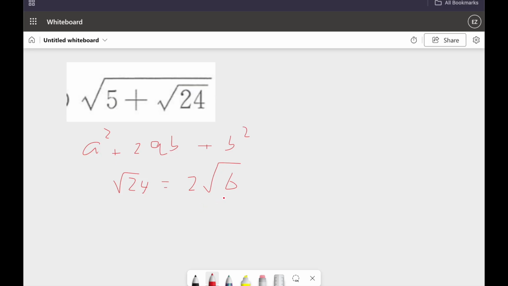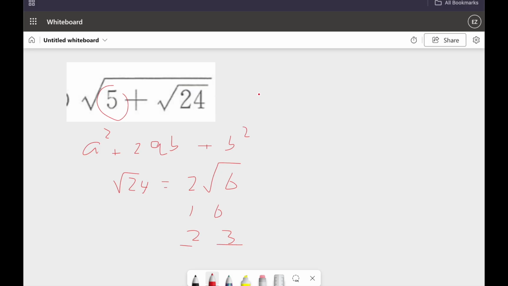But not only that, a squared plus b squared should equal the constant 5. There are two choices. One is 1 and 6. The other is 2 and 3. Both satisfy that the product of these two is 6. But the only choice where adding them together will produce a sum equal to 5 is 2 and 3.